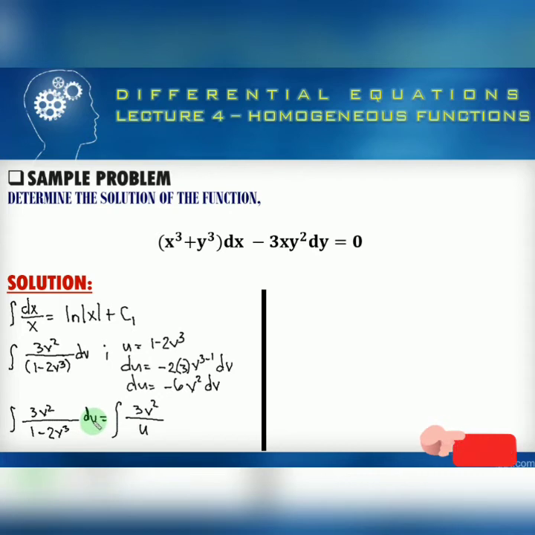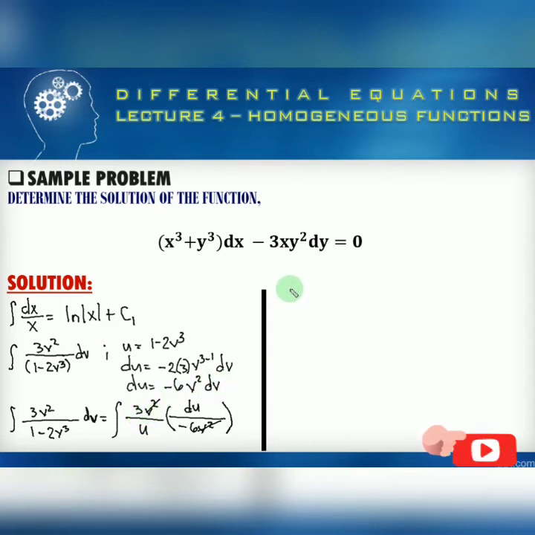And our db, based on this one, is just equal to du over negative 6b squared. So we will replace now our db here, du over negative 6b squared. After this one, we can eliminate the b squared here, and we can simplify this one.